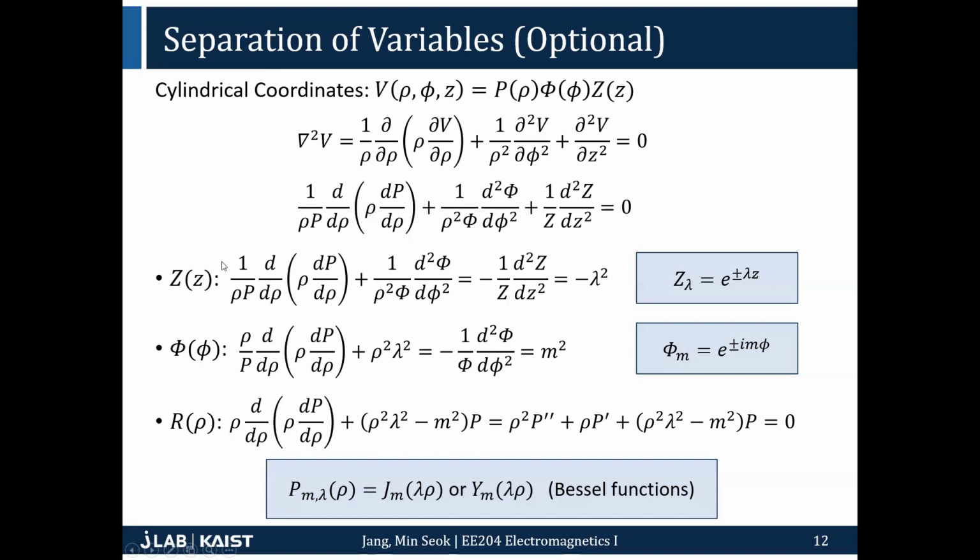If you actually solve it, the z function is an exponential function with lambda as its constant. And then the phi function is e to the i m phi. This is just a sine cosine function.